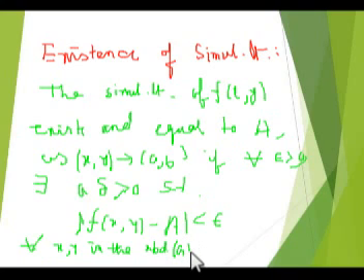It means that if you take a two-dimensional Cartesian plane with the point (a, b), then in the neighborhood of (a, b) the function f(x, y) is defined.